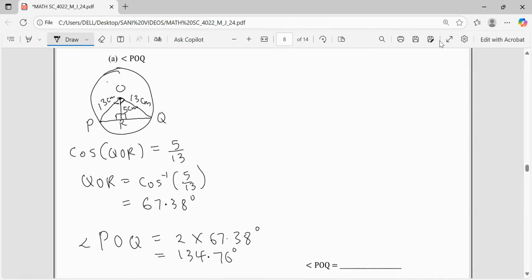Then to the nearest whole number, we have 135 degrees. So angle POQ is 135 degrees.